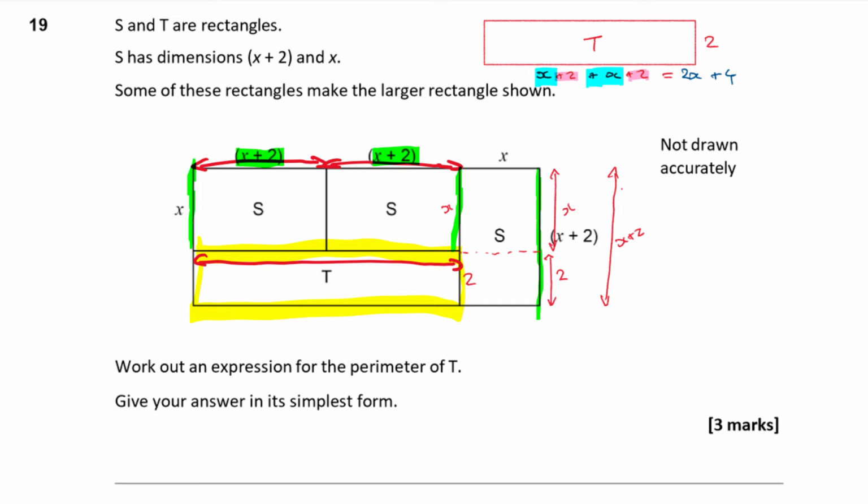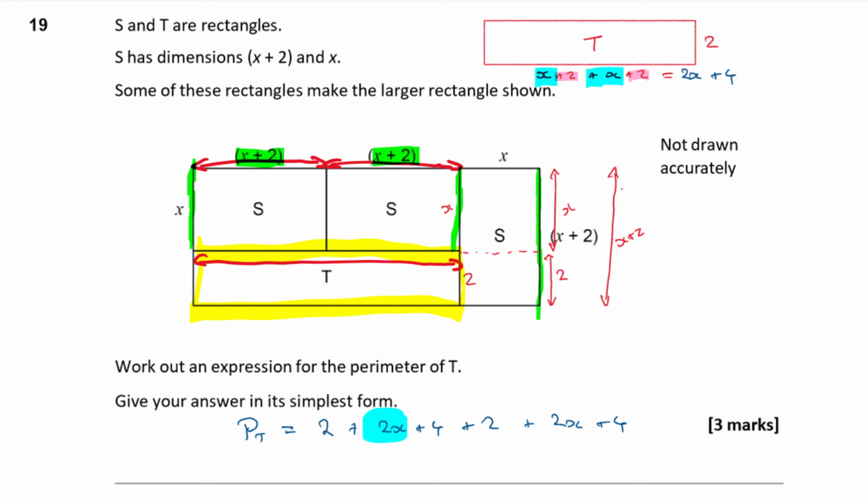One is 2 and one is 2x plus 4. So then the perimeter of T, PT, is going to be those 4 sides of my rectangle added together. So it's going to be the 2 plus the 2x plus 4 plus the 2 plus the 2x plus 4. Okay, the 4 sides added together. Now again, I'm going to collect like terms together.